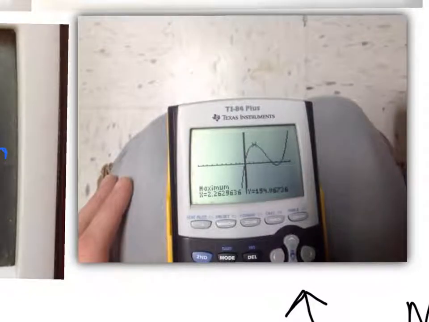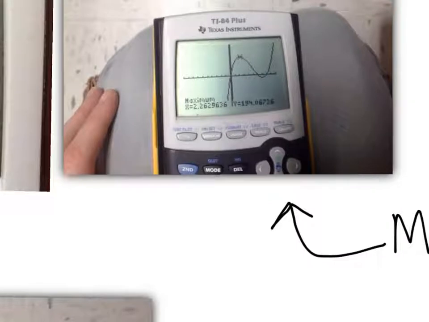Okay, so remember that our y represented volume. So what is our max volume? Remember, it's the y value, so this right here. 194.07.